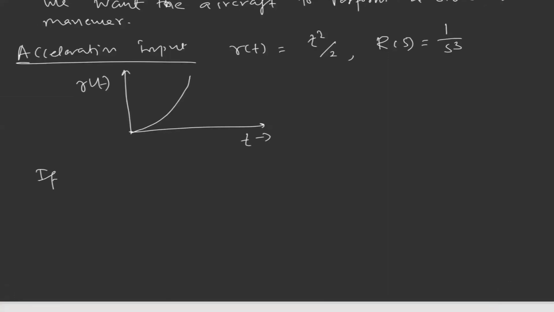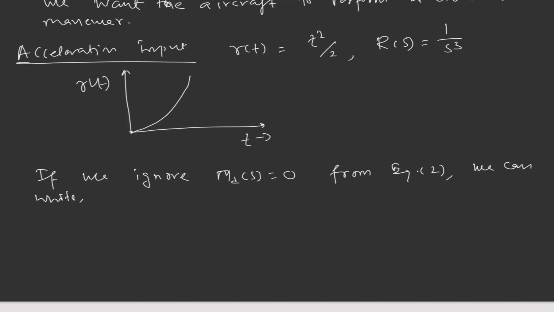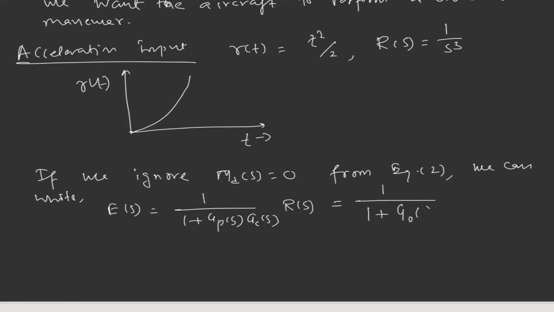if you ignore MD equal to 0 from equation 2, we can write E of S equal to 1 by 1 plus GP of S, GC of S into R of S. Or we can write 1 by 1 plus G naught S into R of S. This is very, very important.